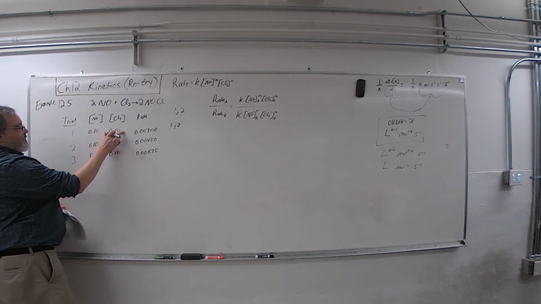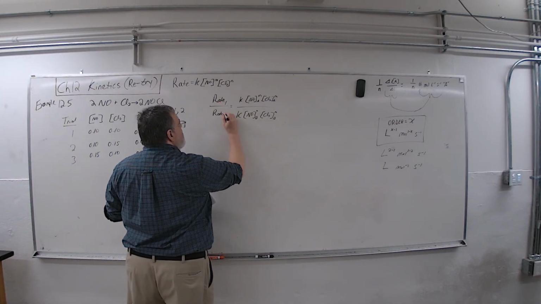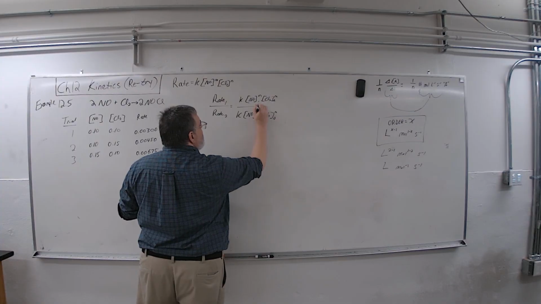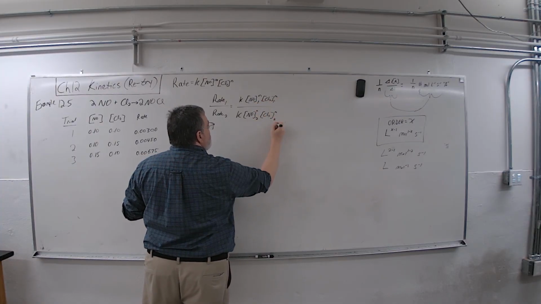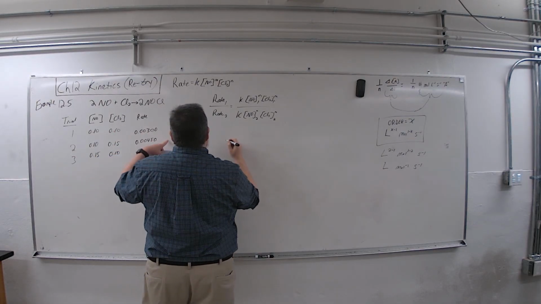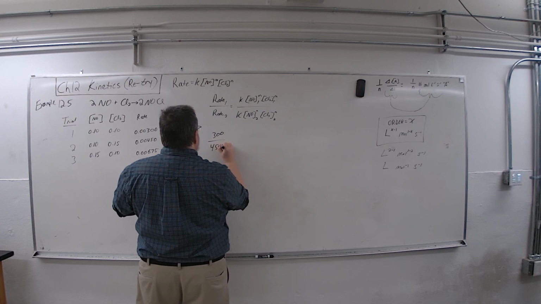Two are the same, and these two are different, so let's use 1 and 2. Rate for 1 is 300. Rate for 2 is 450.